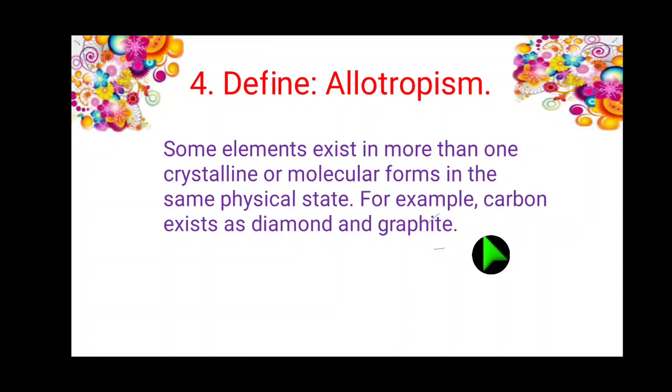For example, diamond is made up of carbon, graphite is made up of carbon, right? But both structures are different because they exist in more than one crystalline or molecular form.